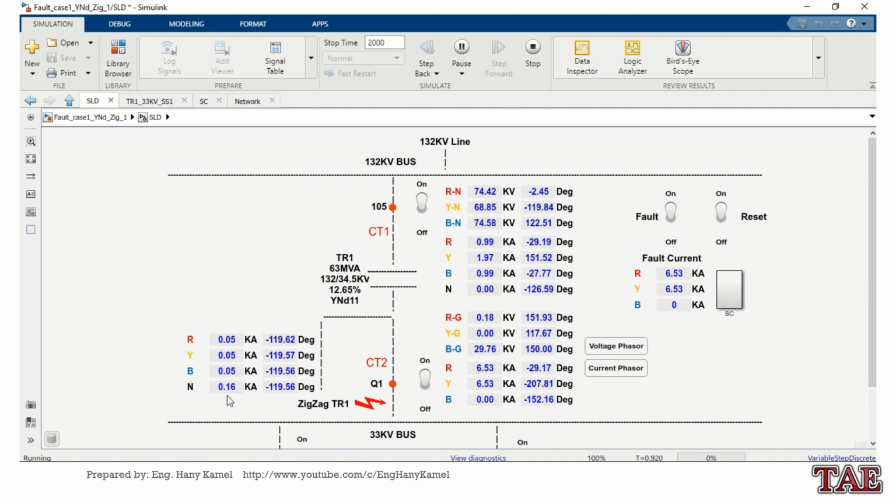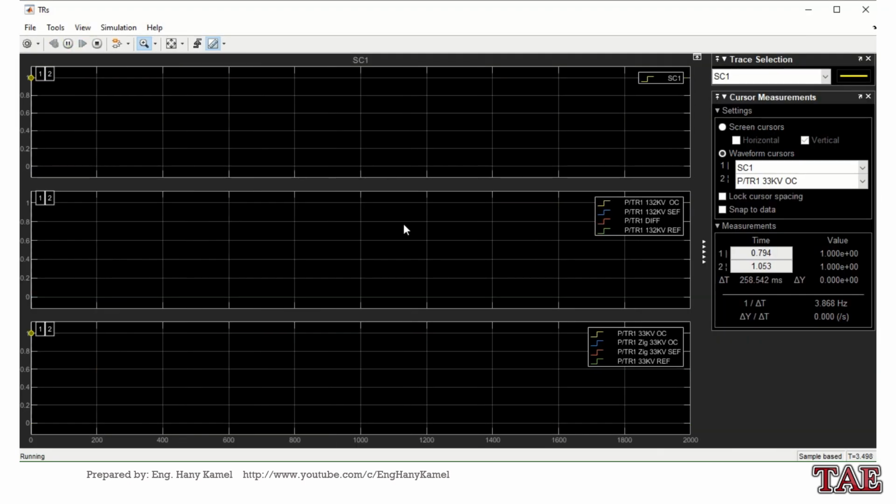We can see the neutral point of the transformer now has current, so we are expecting earth fault. We are also expecting overcurrent for 33 and 132, but the differential relay will not work and restricted earth fault will not work. Let's see which trip signal.